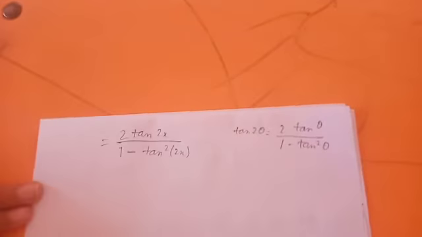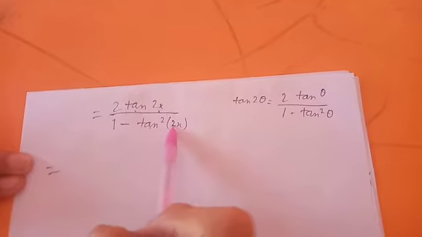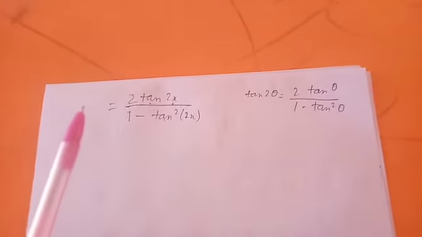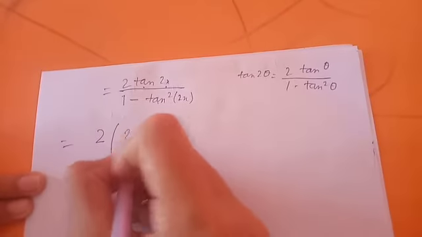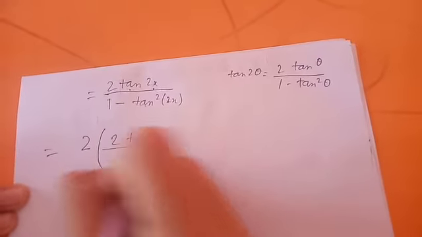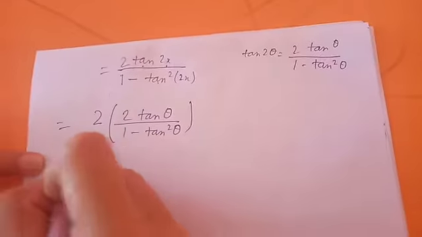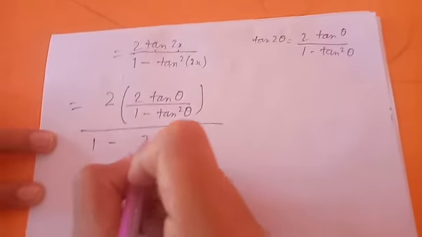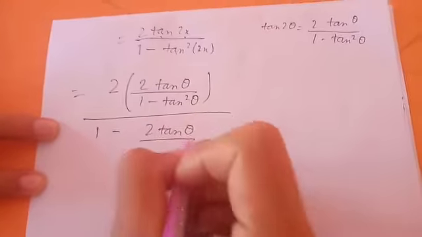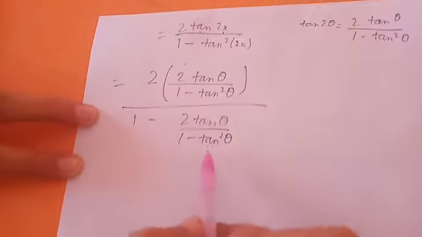Okay, so tangent 2 theta is here as well as here. We will use it at both places. So we get 2 into 2 tangent theta by 1 minus tangent square theta divided by 1 minus 2 tangent theta by 1 minus tangent square theta.